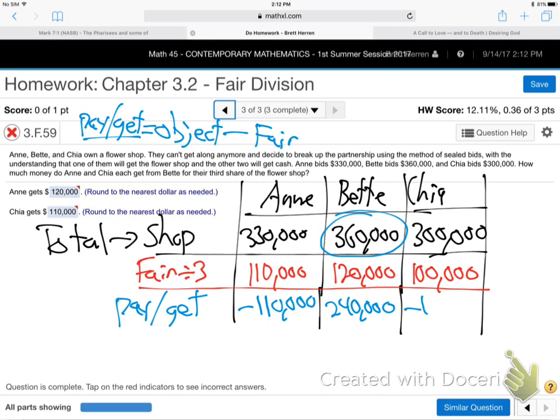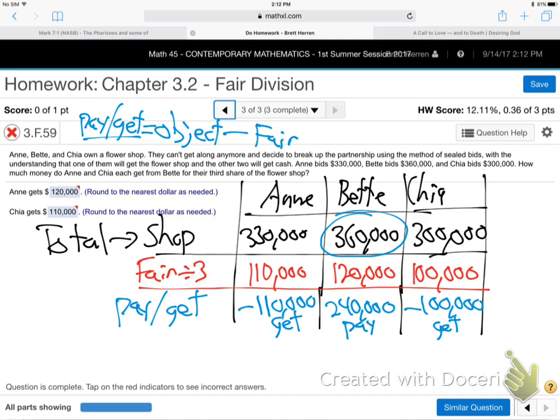And then for the next person, it's just minus 110,000 because they didn't get any objects. Is that all making sense? Remember, the negative is what they get, and the positive is what they pay. So it looks like Ann and Chia are both going to get money, and Betty's going to have to pay them money because she's getting the shop.